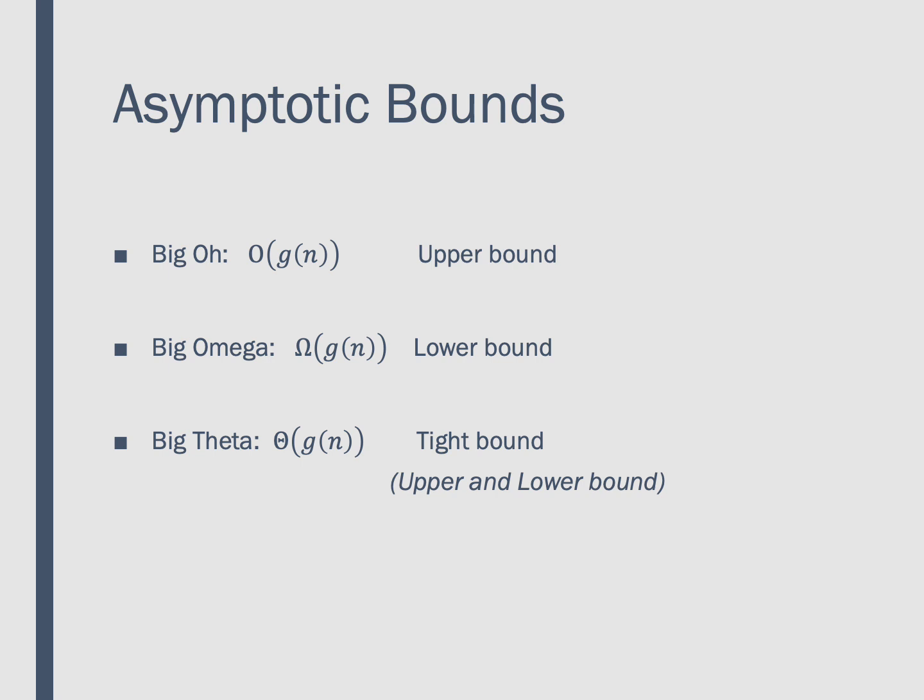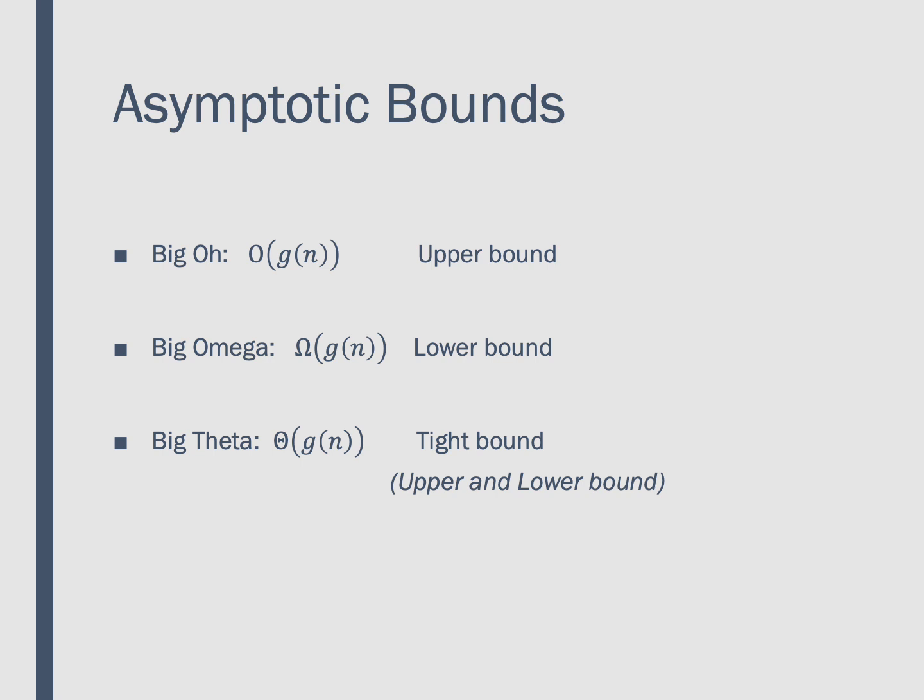The third one is big theta notation. Theta of g(n) represents the tight bound. This is used when an algorithm's runtime is sandwiched between the upper and lower bounds. It grows at the same rate as g(n). For example, theta of n log n for a merge sort algorithm means it always takes n log n time regardless of input.